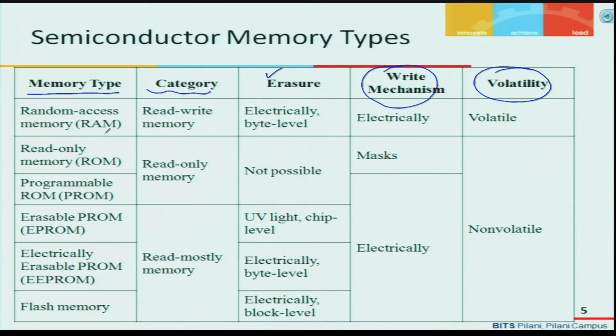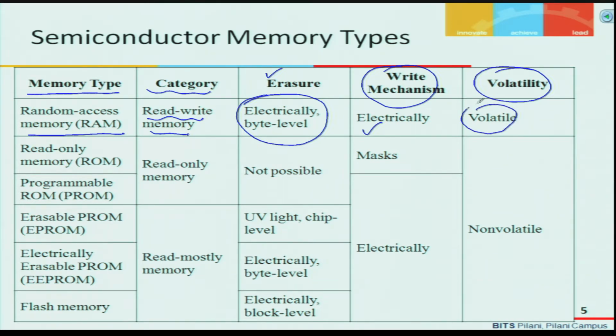So, first is the random access memory, RAM, which comes under the semiconductor memory. It can be read as well as written, it is a read-write memory, and the contents can be erased electrically at the byte level, byte by byte. The write mechanism is also electrical. So, it is an electrical memory.